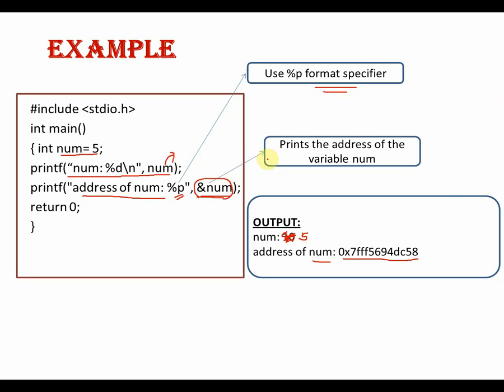So it will print the address of the variable num. So this will be the output which we will get on the screen. As you see, the same variable num, if printed without an ampersand sign, will give us the value which is 5, and if it is printed with the ampersand sign, it will print the address like this. So this is the memory address.